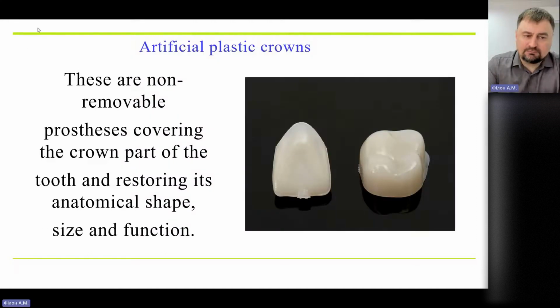The first crown I want to show you is the plastic crown. It's a temporary crown. That kind of prosthetic crown is used almost everywhere, and usually such a crown can be used in different situations when you have to remake one tooth or a few teeth, and when you have to rebuild all the teeth of the jaw, temporary, because nowadays we prosthodontists use plastic crowns just as temporary crowns.